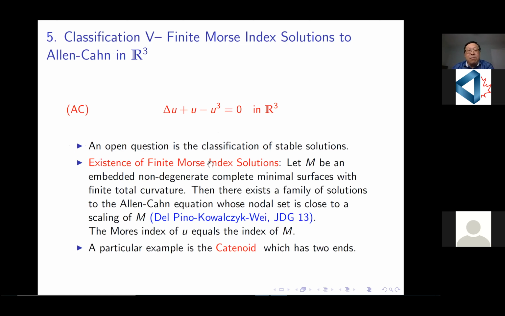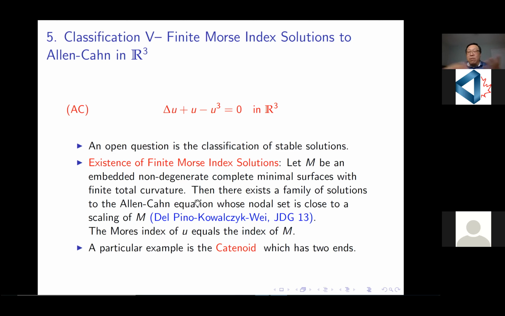What about the finite Morse index solutions? For finite Morse index solutions, we have existence, proved by del Pino, Kowalczyk, and myself in 2013. What we prove is that if you have an embedded non-degenerate complete minimal surface with finite total curvature, then you have a solution to the Allen-Cahn equation whose nodal set is close to the scaling of the minimal surface.